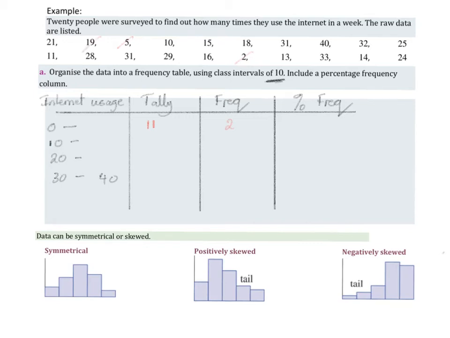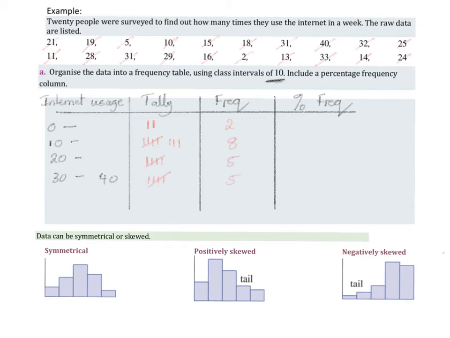So 1, 2, 3, 4, 5, 6, 7, 8, frequency of 8. And we do the same for the next 2 intervals.